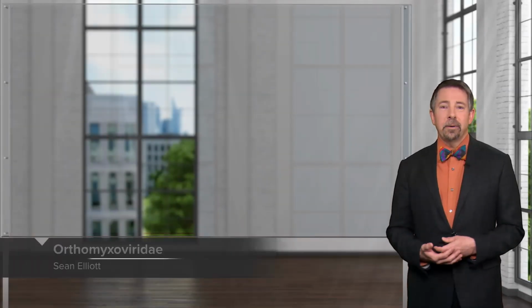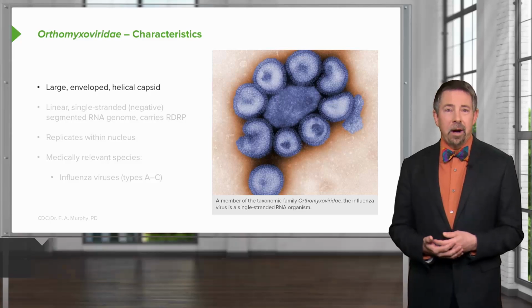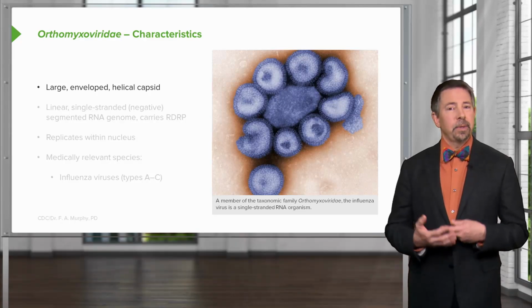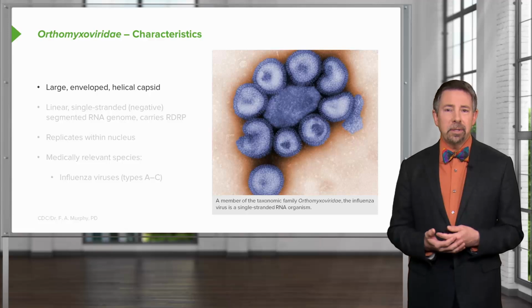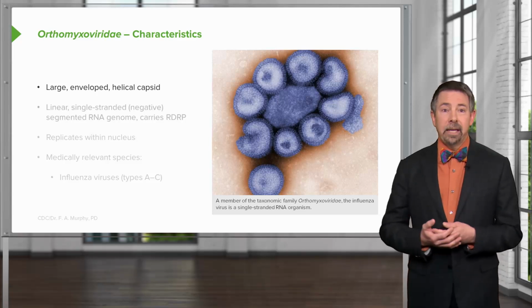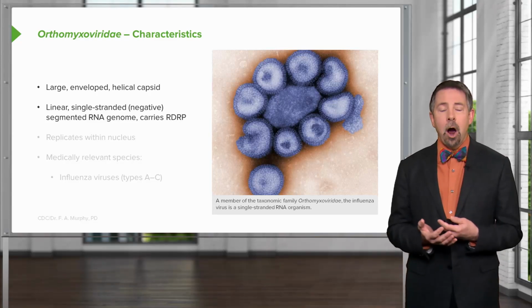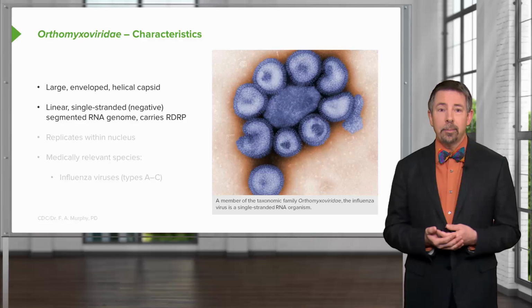The Orthomyxoviruses. The Orthomyxoviruses are large enveloped viruses with a helical capsid, such as you can see on the colored scanning electron micrograph to the right. They have a linear, single-stranded, negative-sense segmented RNA genome, and thus must carry an RNA-dependent RNA polymerase.